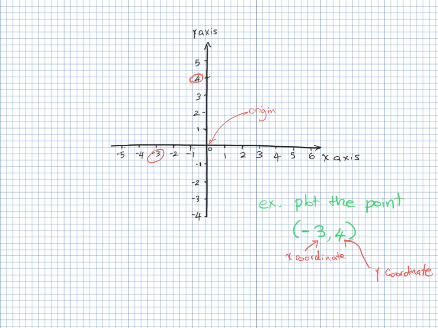So to plot the point, you have to see where these two things meet. You can just visualize going up from -3 on the x and going across from 4 on the y. And they meet here at this point. Therefore, that point is (-3, 4), right here. So you can plot a point exactly based on knowing the coordinates.